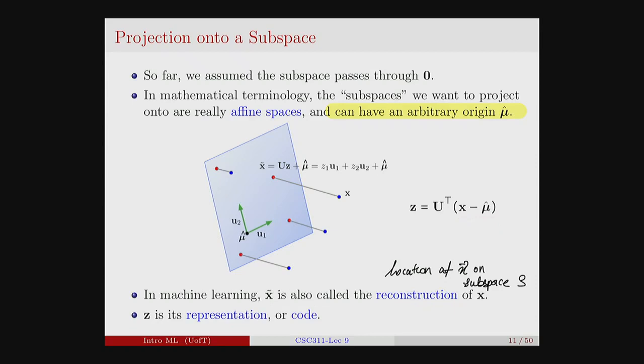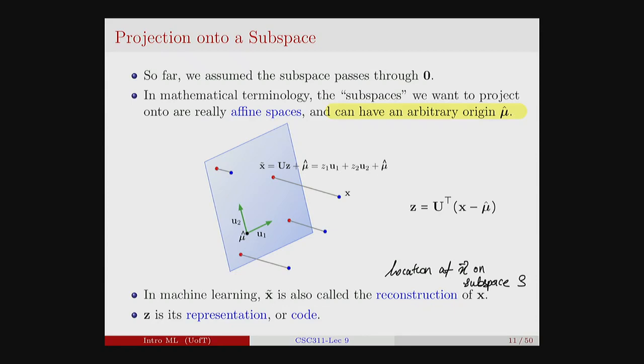And each of this gives us a k-dimensional vector where, again, each element of z tells us just how much this projection, where this projection exists as a function of each of the orthonormal bases of this affine space now.